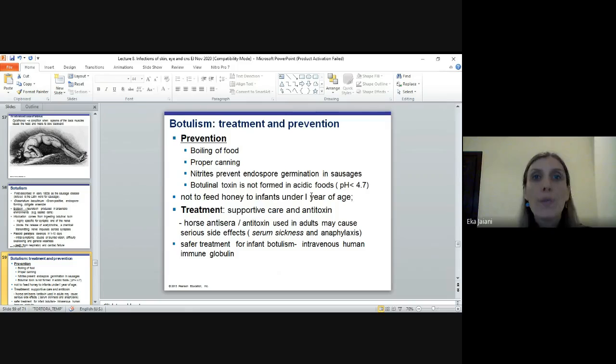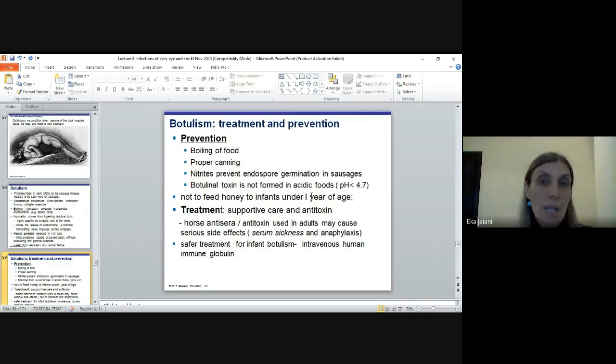So how can we treat? Some people got intoxicated with the botulinum toxin, and we can give antitoxins. Of course, fluids are given. Transfusions can be made of fluids, antitoxin. In horses, antitoxin is developed.